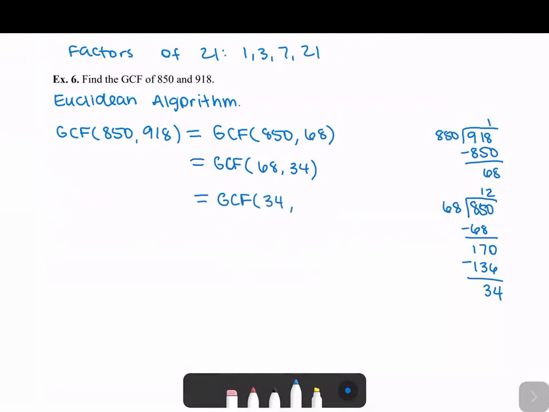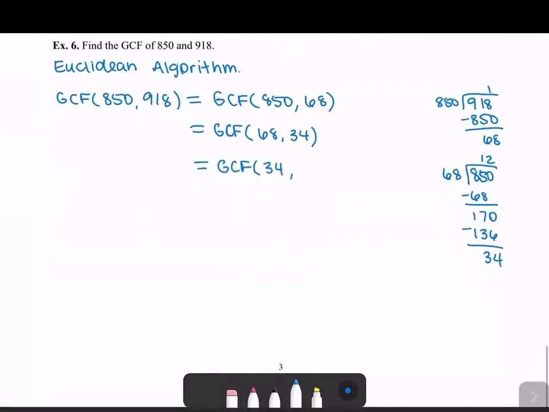So now we do 68 divided by 34. And 34 goes in there 2 times, which has a remainder of 0. So this is 0.